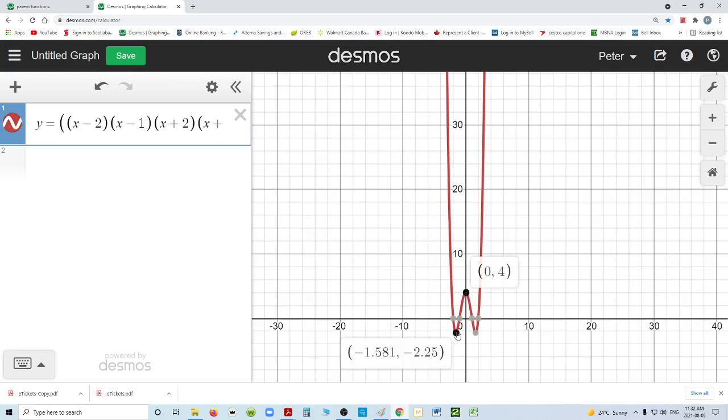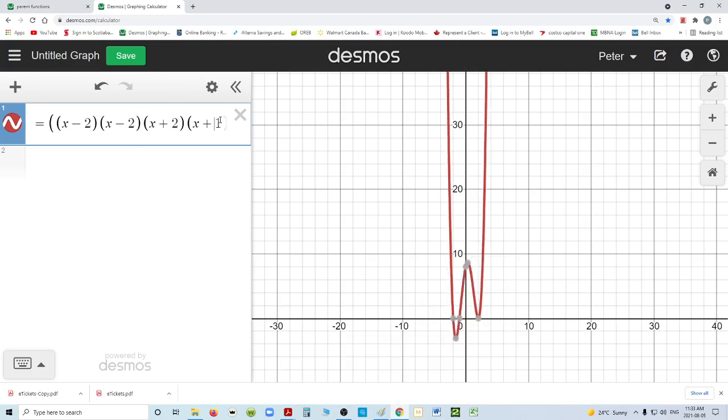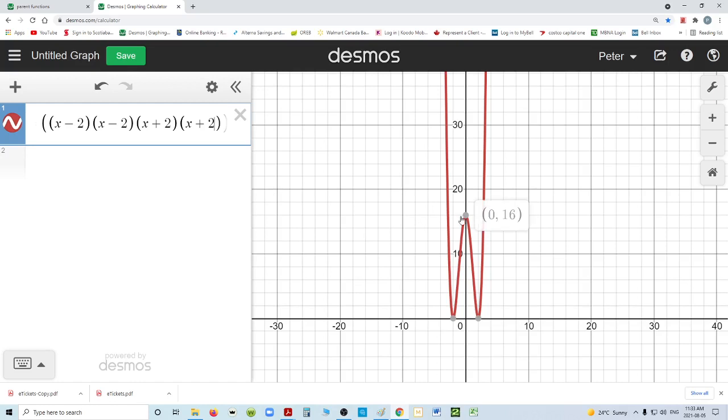Except that I'd have to raise the whole thing. I think if you do x minus 2 twice and x plus 2 twice, you get what you want. Just that's too high.